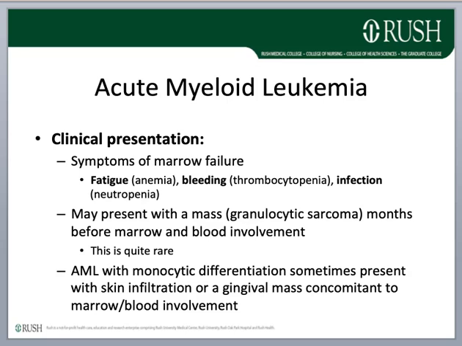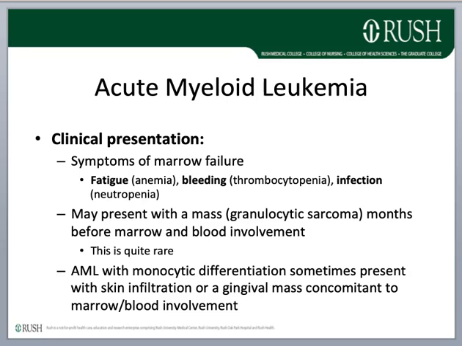So what are the clinical presentations of AML? Probably the main clinical presentation is symptoms that suggest marrow failure. This may be fatigue due to anemia, bleeding due to thrombocytopenia, or infection due to neutropenia. Remember, the blast cells are crowding out normal hematopoiesis.